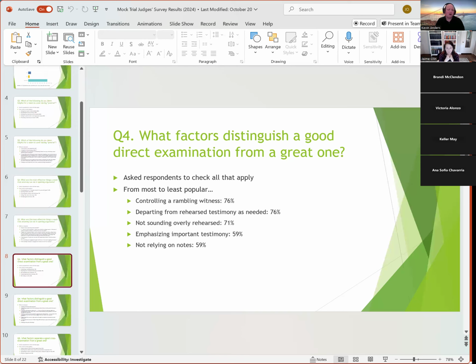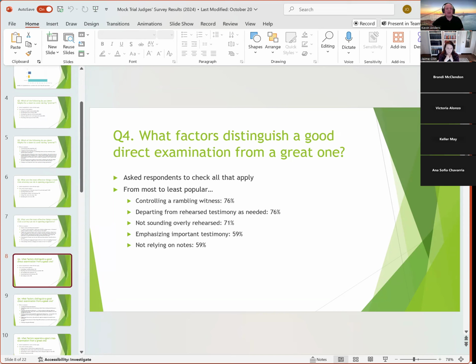Not sounding overly rehearsed is also very important. Reading your questions directly from a piece of paper is not really advised, because you can do that, but it doesn't get you a lot of points. Asking questions that sound kind of prepackaged will get you points, but it may not get you the maximum amount of points.